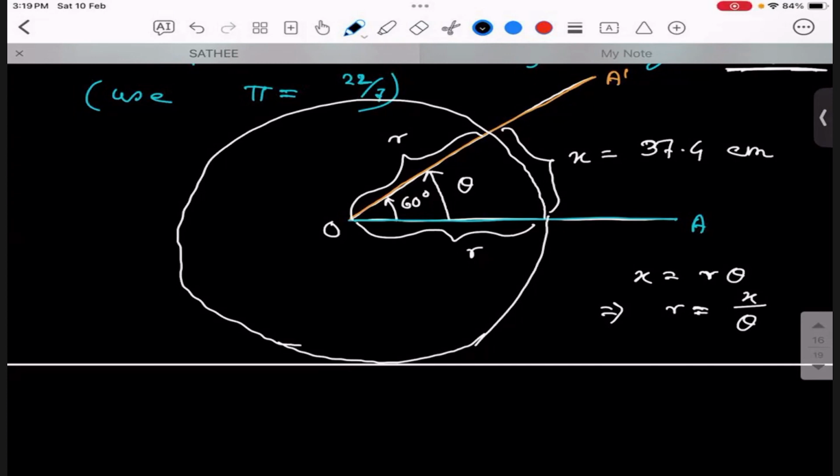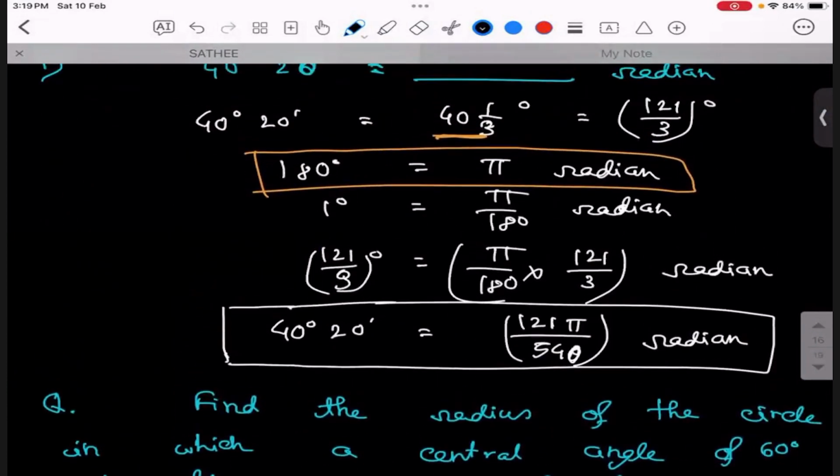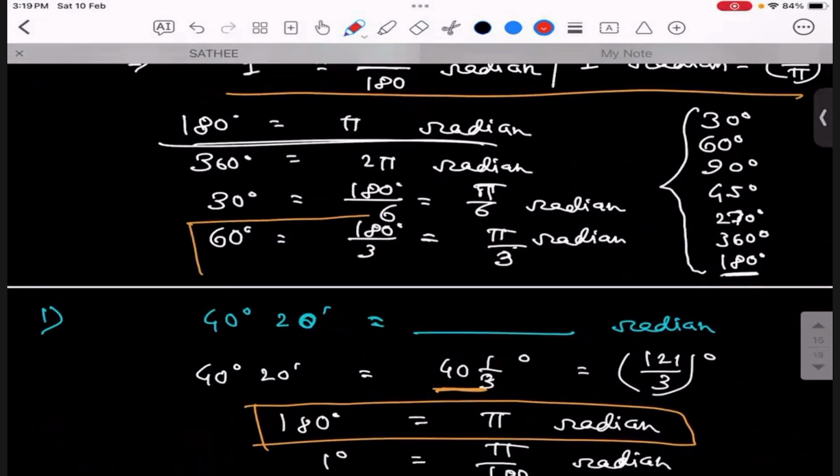So what we need right now? We have the angle with respect to degree measure, but we need it in terms of radian measure. So just transfer this degree measure into radian measure. Already we have done this part here. So 60 degree equals pi by 3 radian, right?